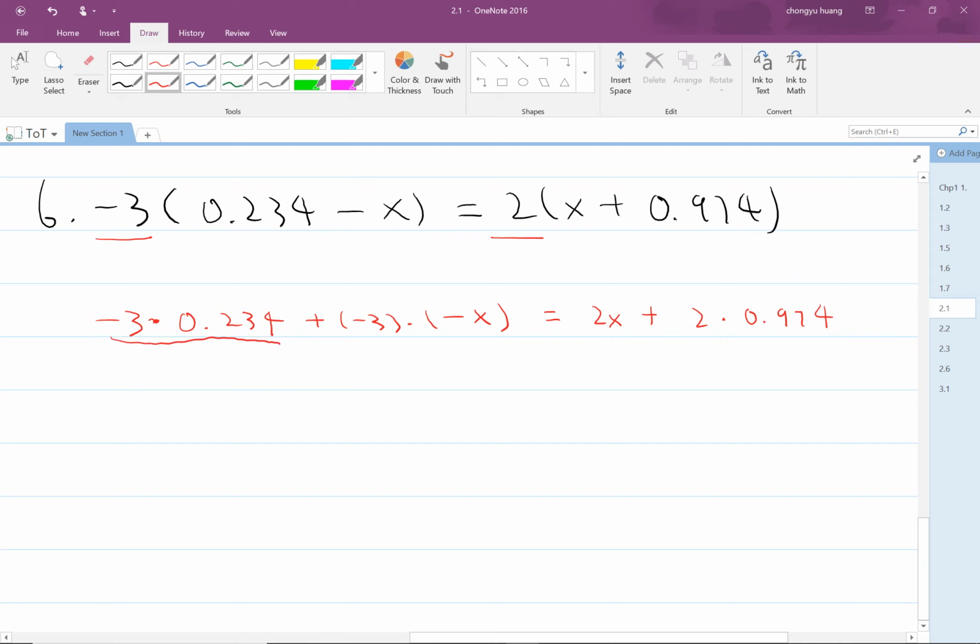So now we just have to do those things separately, right? So what we have over here is -3 multiplied by 0.234, so it's going to be -0.702. At this point, you should know how to exactly calculate the result for this kind of thing, right?